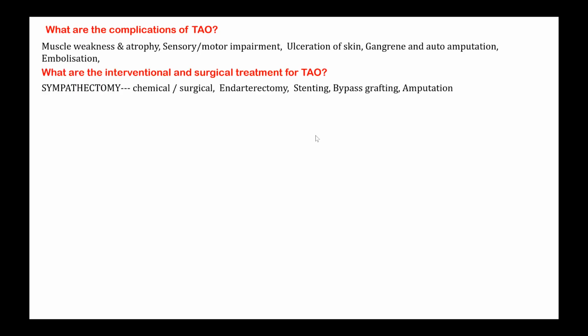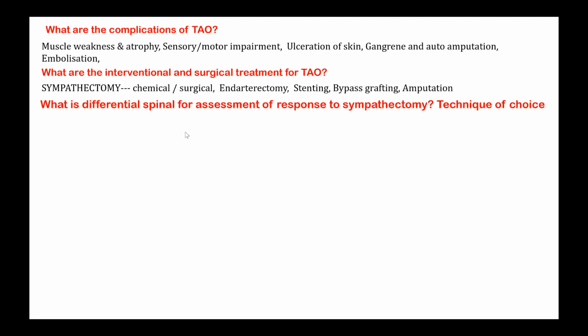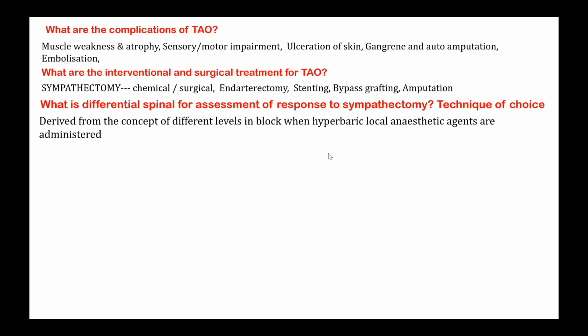Sometimes patients have very intense pain, which makes them get addicted to narcotics and alcohol. So they become abusive patients. So in those patients, amputation gives pain relief from the vasospastic pain. And differential spinal assessment of response to sympathectomy is derived from the concept of different levels of block.